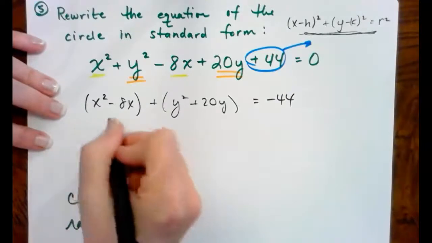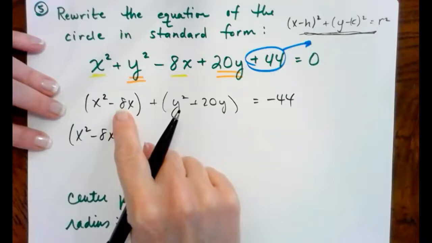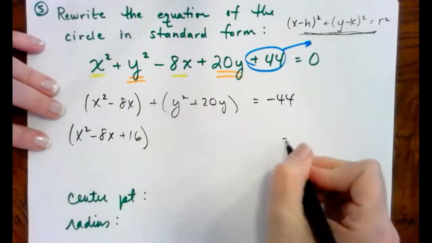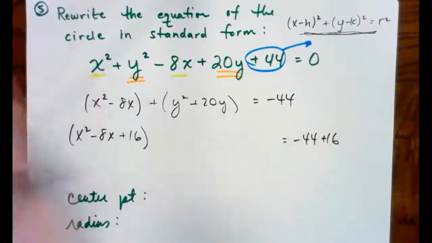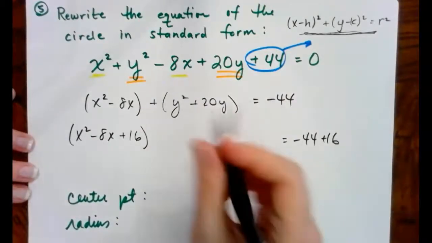So x squared minus 8x. Half of 8 is 4. 4 squared is 16. And if we add it on the left, we have to also add it on the right in order to keep our equation balanced.